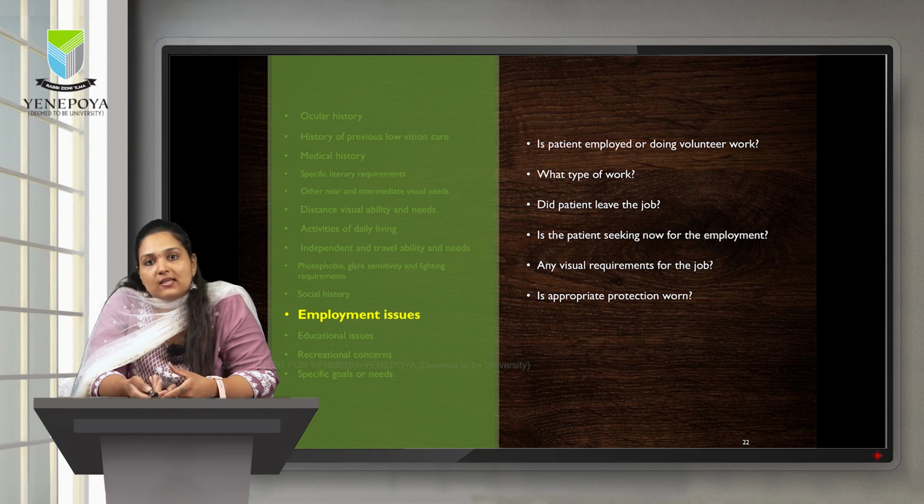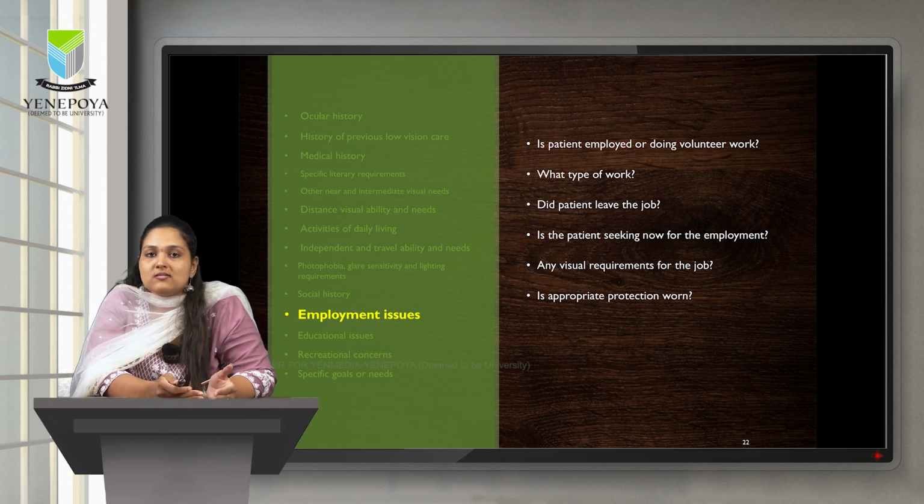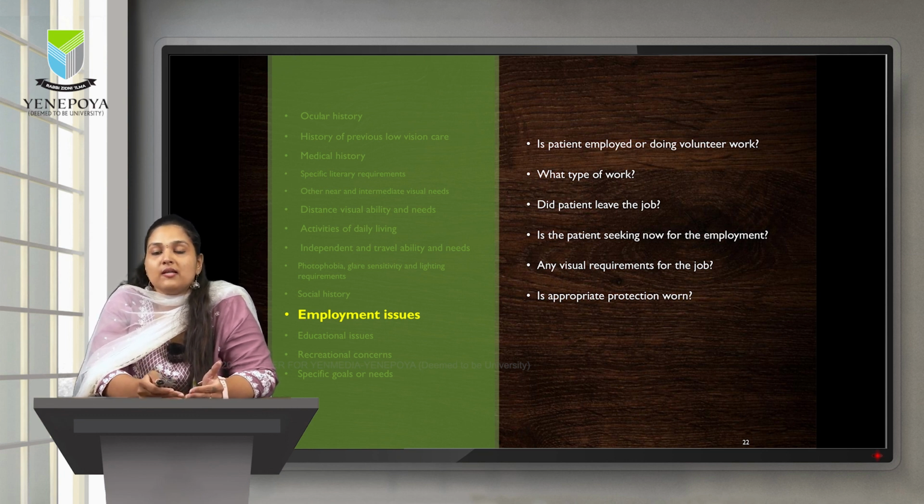Is the patient now seeking employment? Some patients lose their job because of the ocular condition, the low vision condition, then they look for another job which they can do in their house itself or nearby, with whatever residual vision they have. Any visual requirements they need for a particular job, we also need to suggest to them.